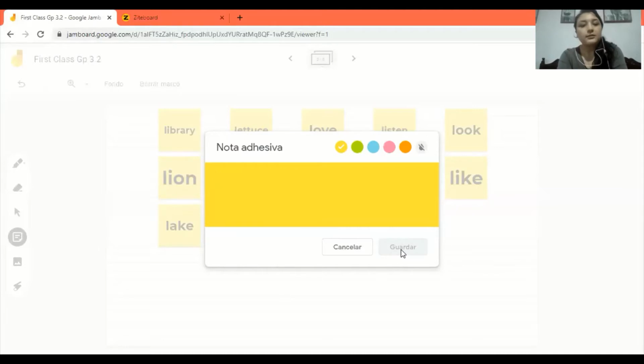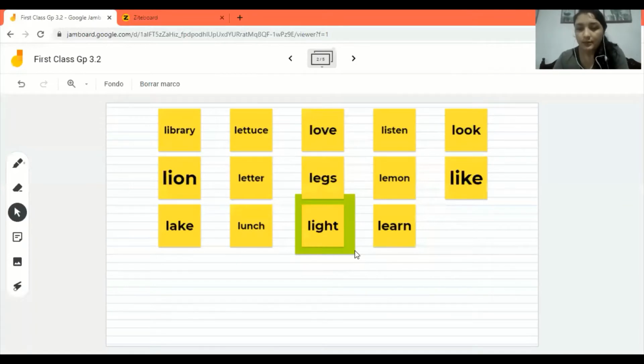What else? Light. You have 10 seconds. Night. Learn. Very good, it is what we are doing now. Okay, time is over. Let's check.